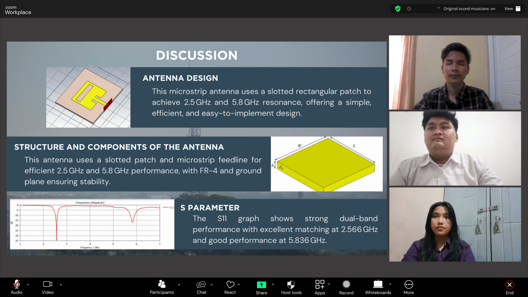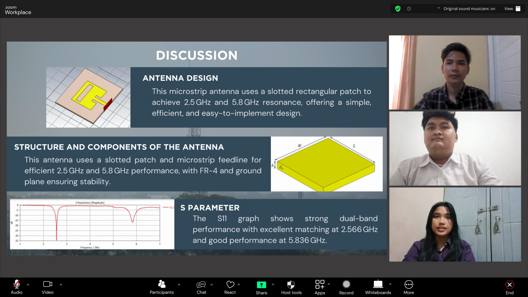This means very little power is reflected back to the source and most of it is radiated efficiently. At 2.5 GHz, the return loss is extremely low, which shows excellent matching and high radiation efficiency. This makes it ideal for Wi-Fi in the 2.5 GHz band.